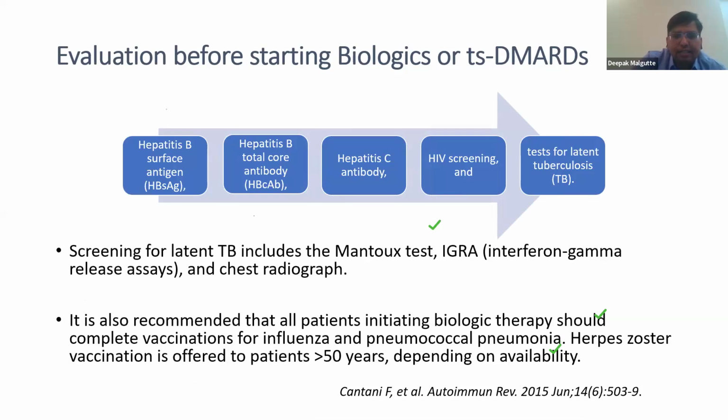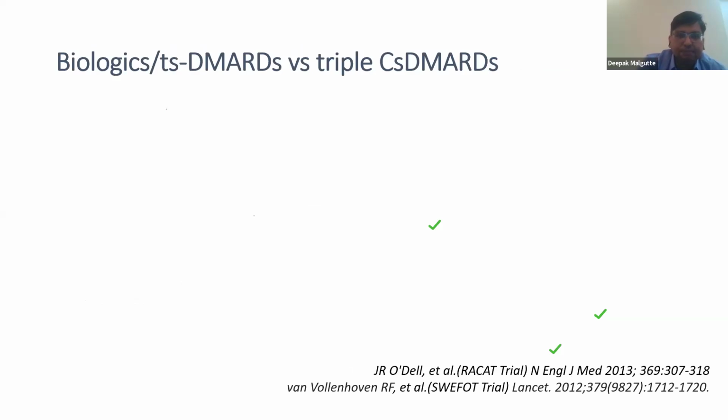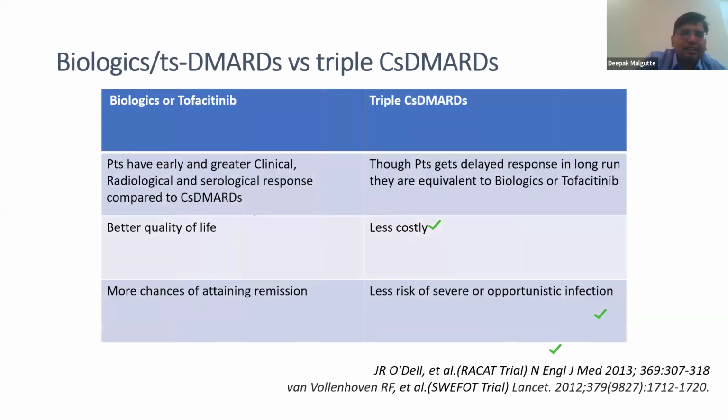And also, whenever we are starting these, we should consider patients to be vaccinated for pneumococcal and influenza. And in patients who are above 50 years, we should consider the herpes zoster Shingrix vaccine, which is available nowadays.